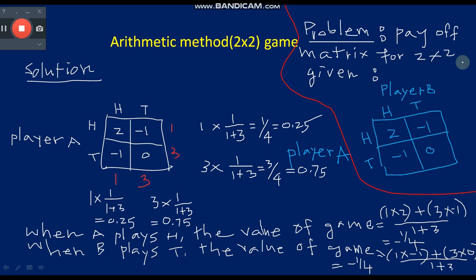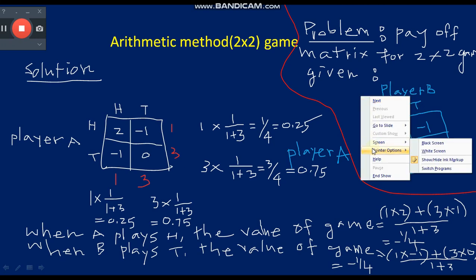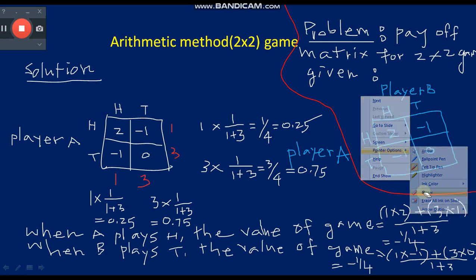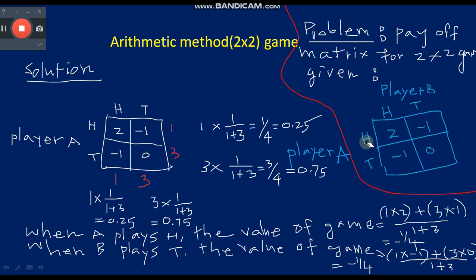This is the game, G-A-M-E, and this is a payoff matrix for player A and player B. These are the two strategies for player A, and these are the two strategies for player B.